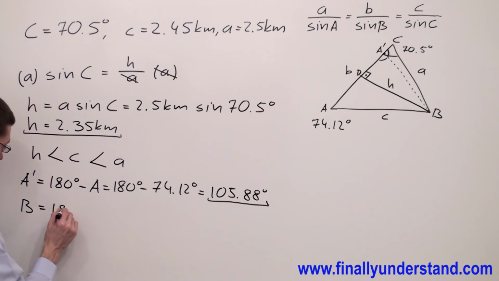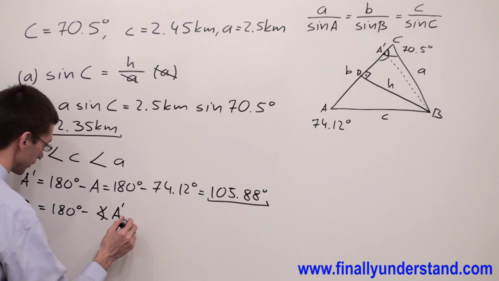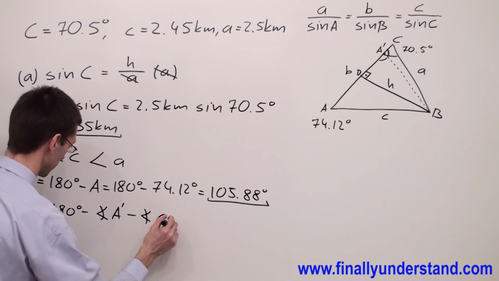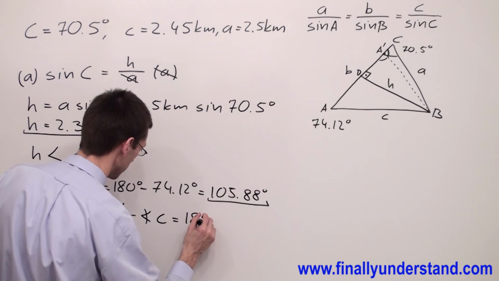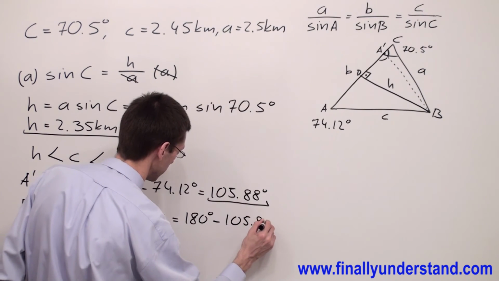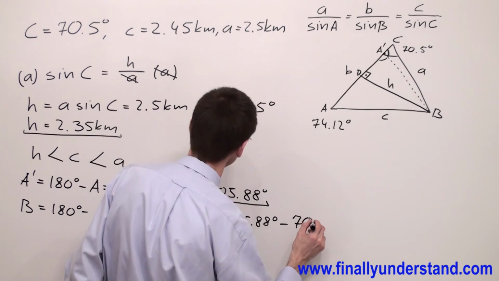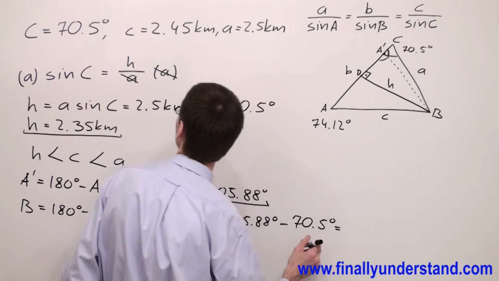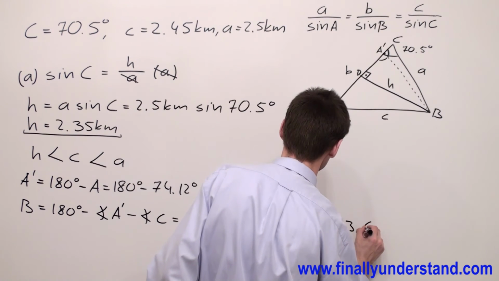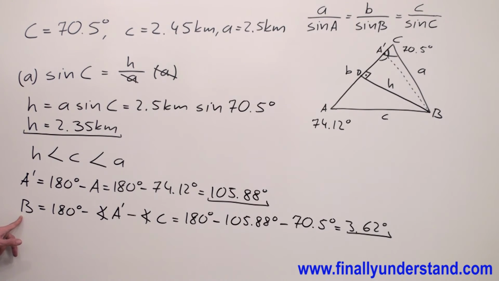So 180 degrees minus angle A prime, 105.88 degrees, minus angle C, which is 70.5 degrees, is equal to 3.62 degrees. This is the value of my angle B.